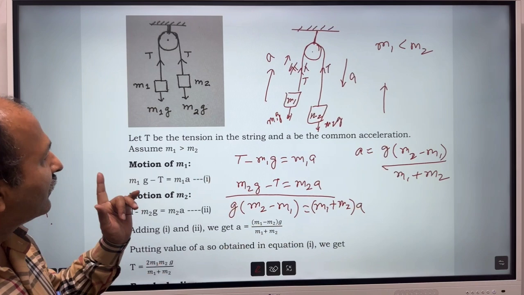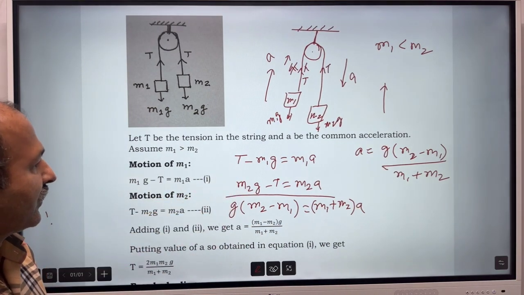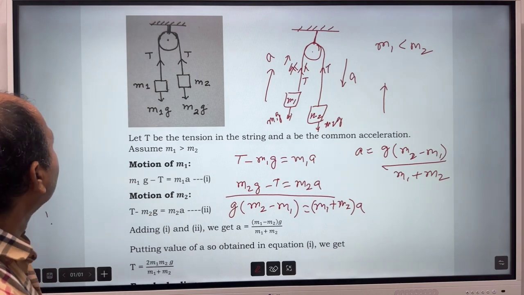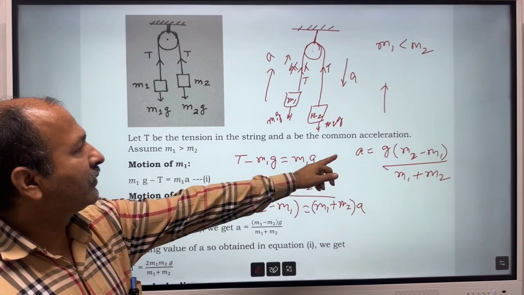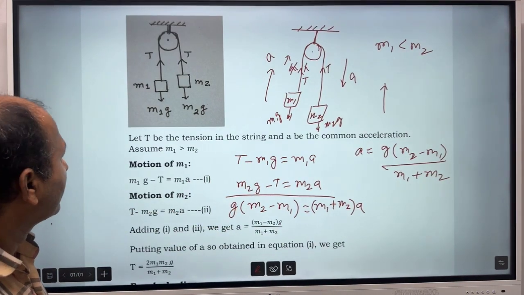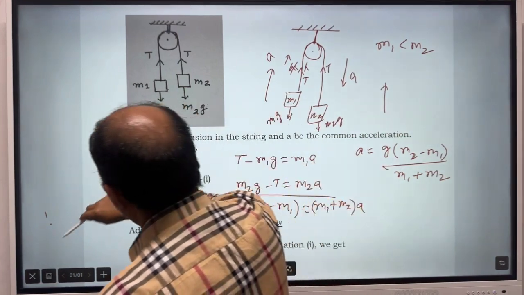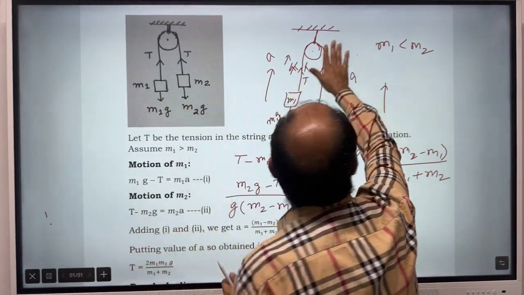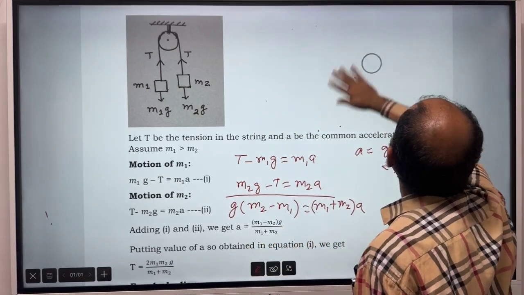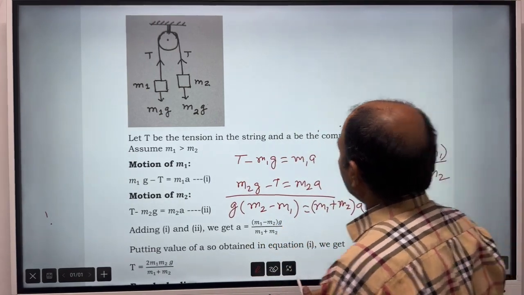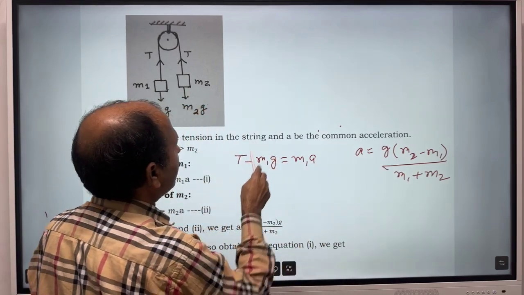Now what can we do? We have to get the value of tension. It is simple. Tension can be found by taking any equation and putting in the value of a. So let's try. Here we are considering this equation.